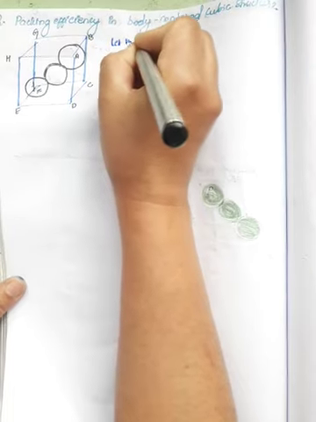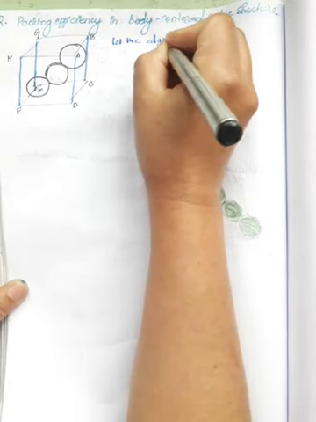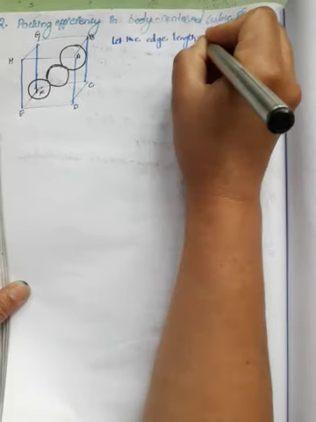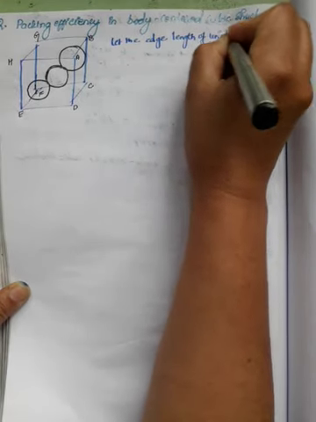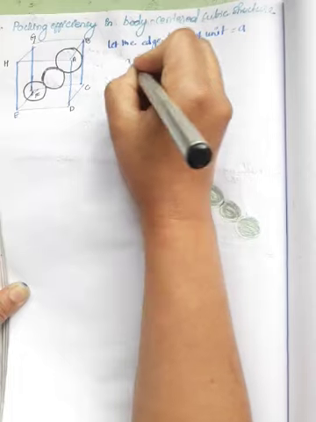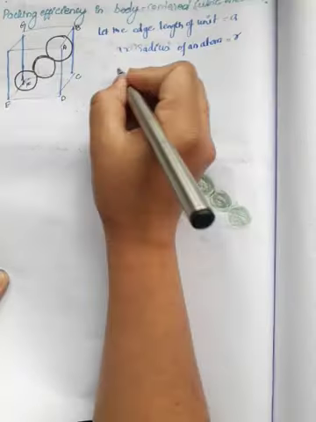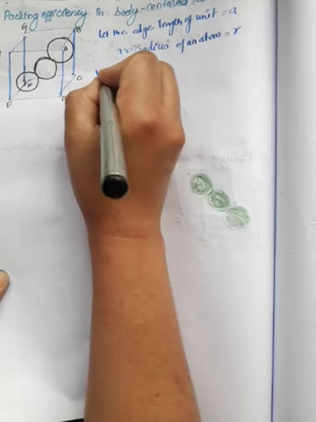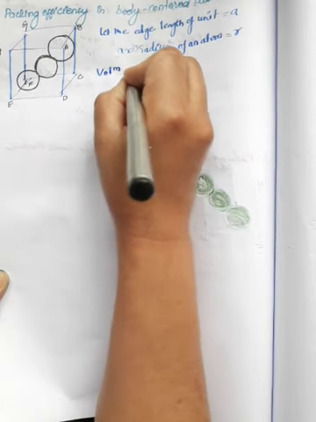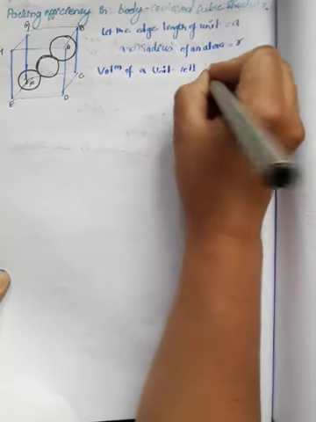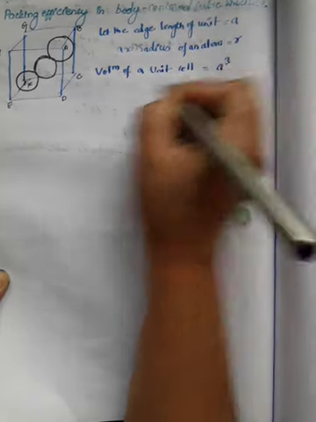Let the edge length of the unit cell be a, right? Similarly, what radius should we take? Radius r, right? Now what is the volume of a unit cell? It's a cube, so the volume is a cube, right?